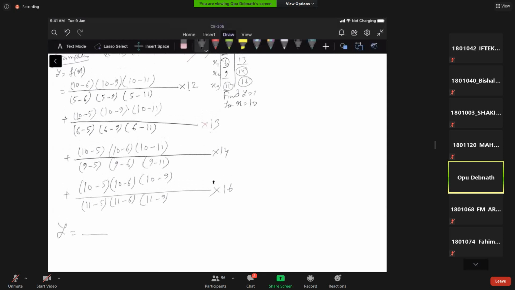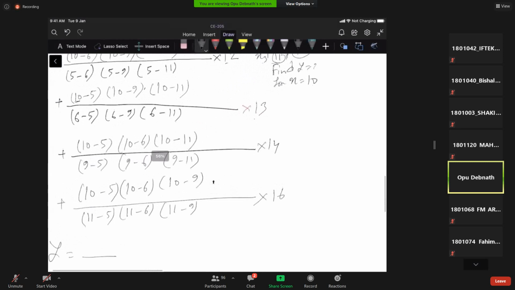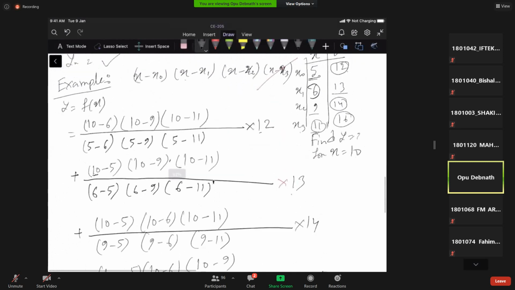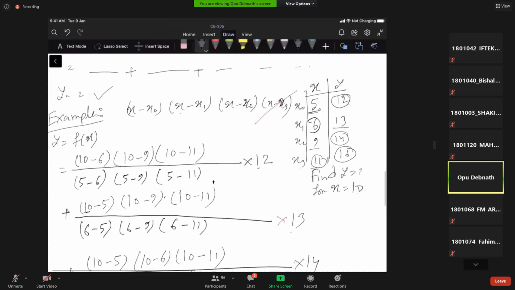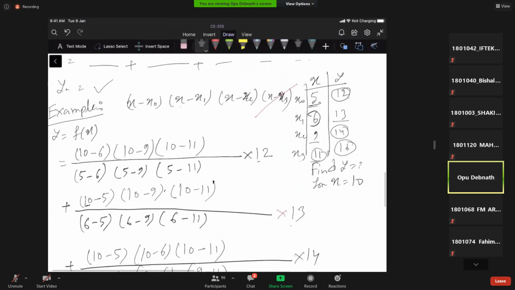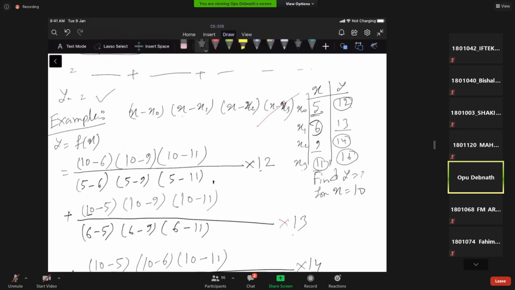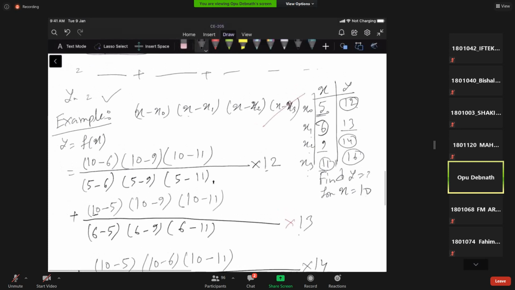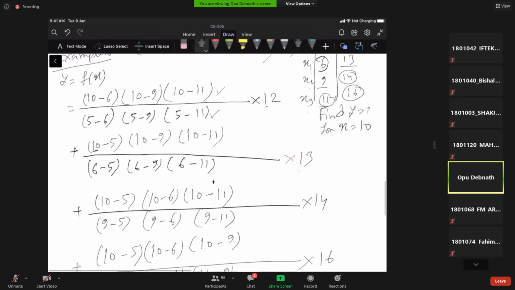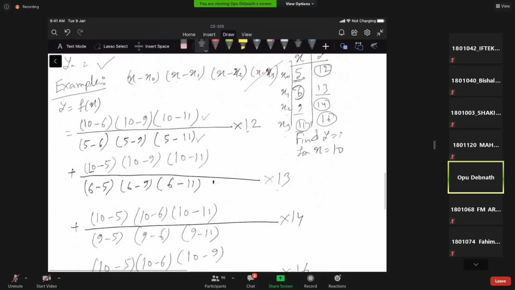Okay, so the procedure is very easy. You just need to memorize the equation only. Look at this. For the Lagrange interpolation, you have four data set, x0, x1, x2 up to x3. So if you have four data points, in each case you will get three terms multiplied, three terms of x minus x0 up to x minus xn, in the numerator and denominator.